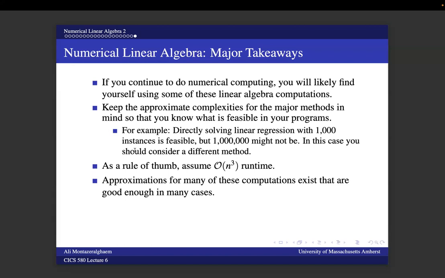For example, linear regression with 1,000 instances is feasible, but with 1 million instances, maybe you cannot do that with generic linear regression, and you need to consider different methods.